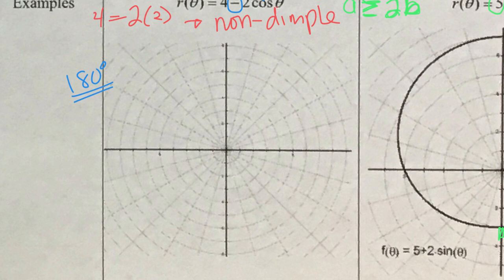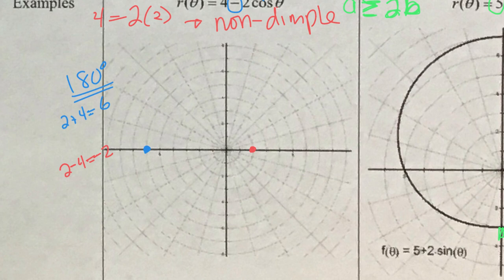So 2 plus 4 is 6. So the outer loop is going to be here at 6. 2 minus 4 is negative 2. So we're going to have a non-dimple 2 units to the right of the origin, on the opposite direction of your pole symmetry.